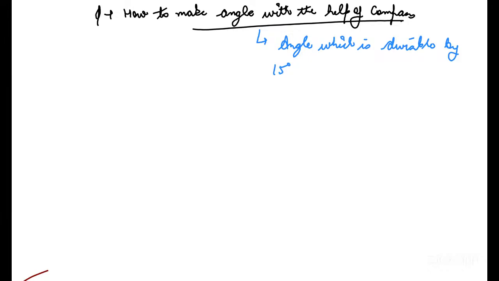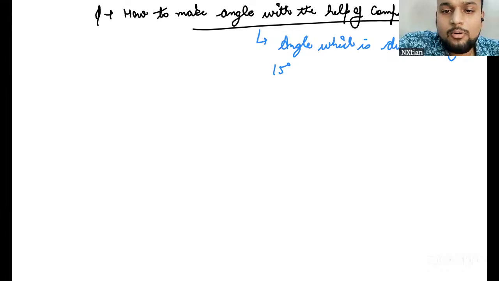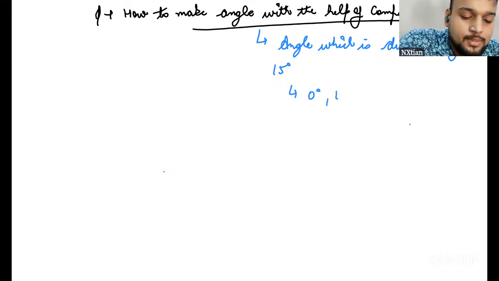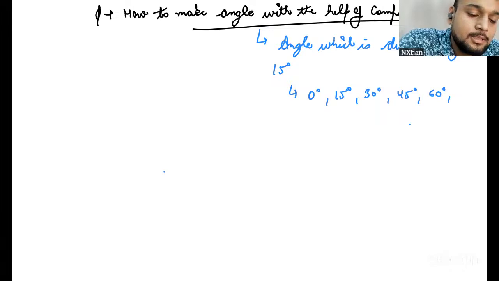For example, 0 degree, 15 degree, 30 degree, 45 degree. Only these angles you can make with the compass.